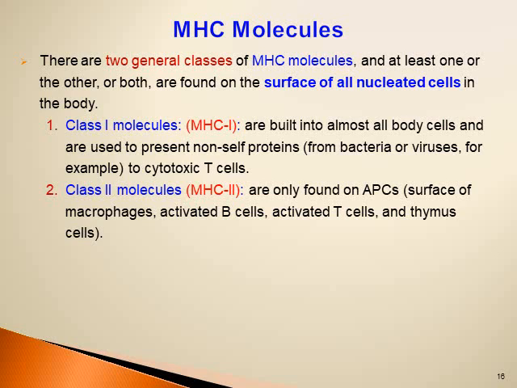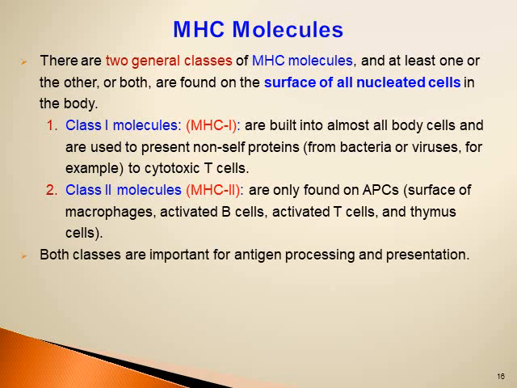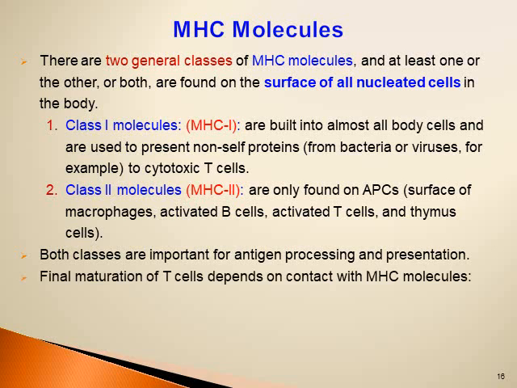So MHC2 molecules are only present on the surface of the antigen-presenting cells like macrophages and activated B cells and T cells, as well as the thymus cells. Both classes are important for antigen processing and presentation.